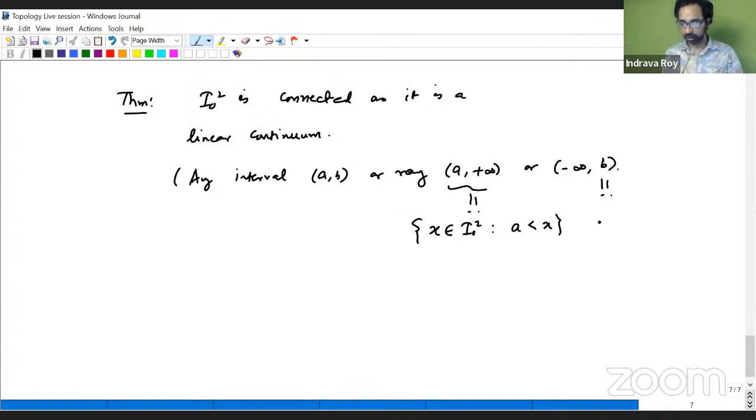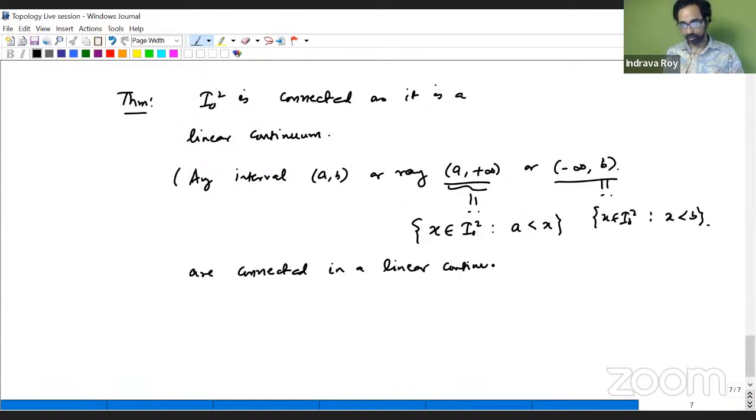Similarly, this is defined as x in I naught square such that x is less than B. Right? So any interval or ray, by a ray I mean these kinds of sets, these are connected in a linear continuum. So I naught square is connected.